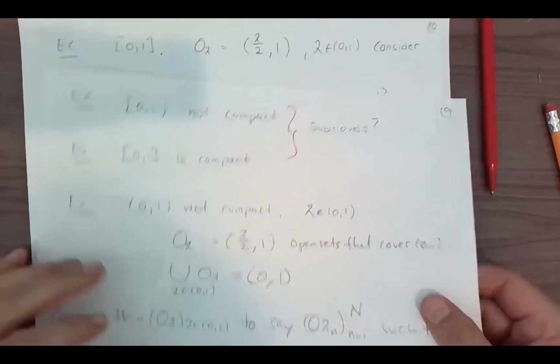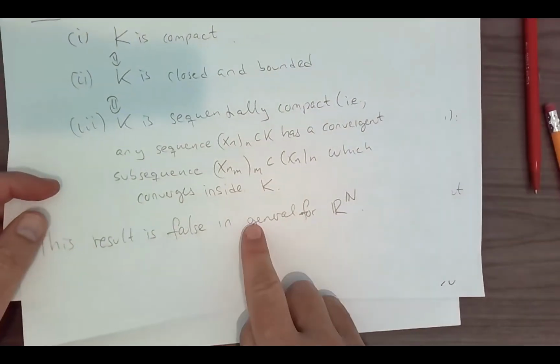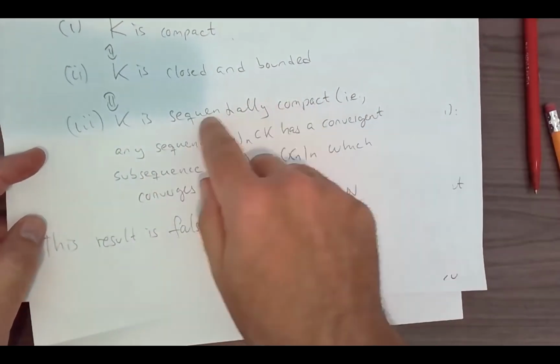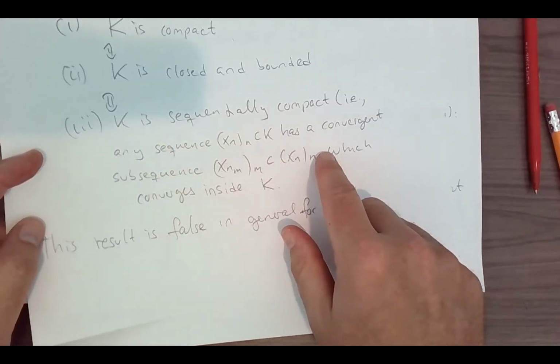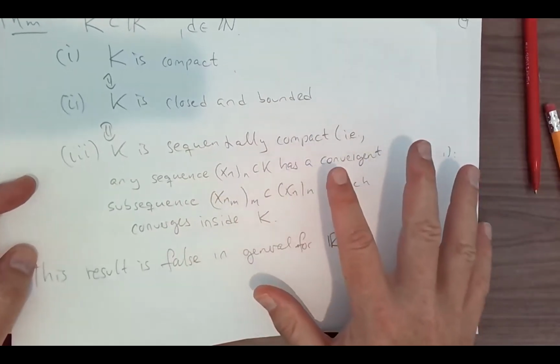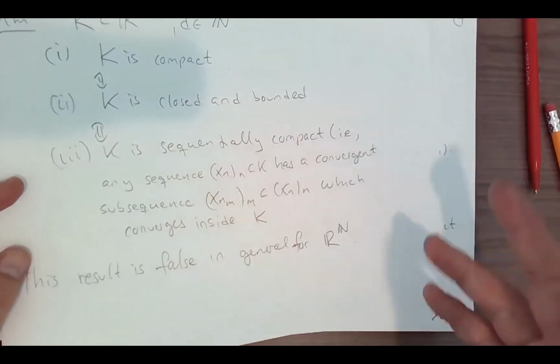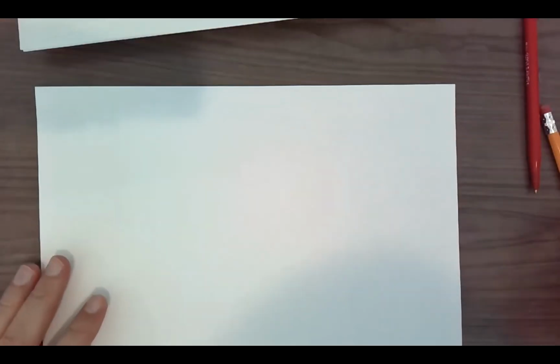Okay, any other questions? So in the last few minutes, let me try to hint at what could go wrong if you moved into infinite dimensions. Look at a statement like this one. If you're sequentially compact, and this is equivalent to all these properties up here, that means any sequence has a convergent subsequence, and you can quite easily get into trouble here.